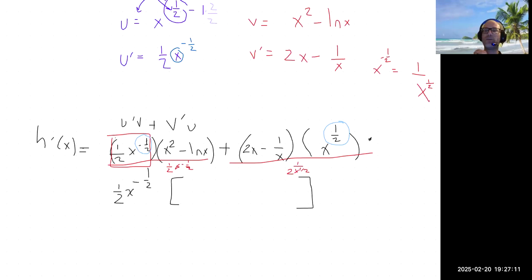When we make it multiplication, we're going to have to flip that. So the 1 will end up on the bottom, and the top is going to have the 2x to the 1/2. Because see how it was 1/2x to the 1/2. I flip that when I make it multiplication instead of division.